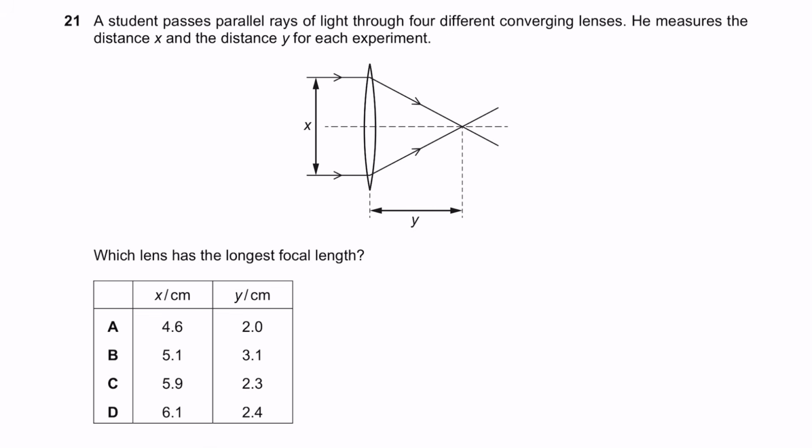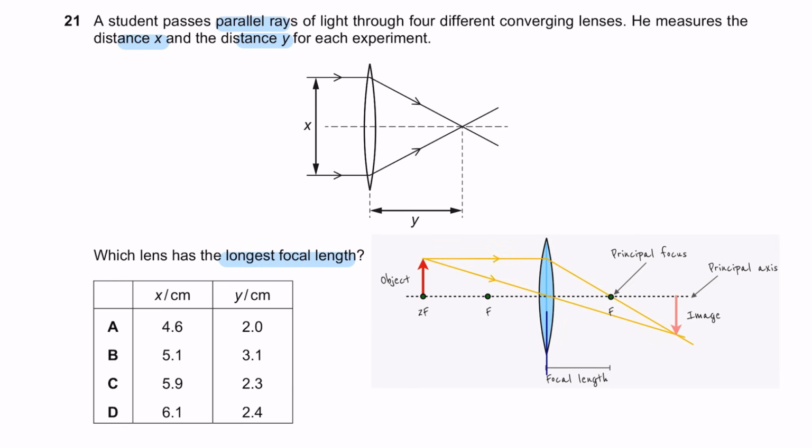Question 21. A student passes parallel rays of light through 4 different converging lenses. He measures the distance x and the distance y for each experiment. Which lens has the longest focal length? When drawing images across a lens, the ray that passes through the lens along the principal axis has to go through the focal point, meaning that this here is your focal point.